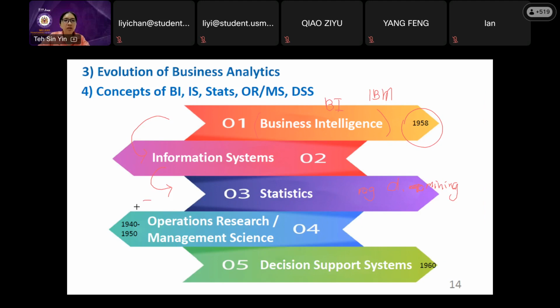And later on, we have this term called OR, operations research, or management science. Most of the time, operations research is used in the School of Mathematical Sciences. It is basically very similar to management science in the School of Management.